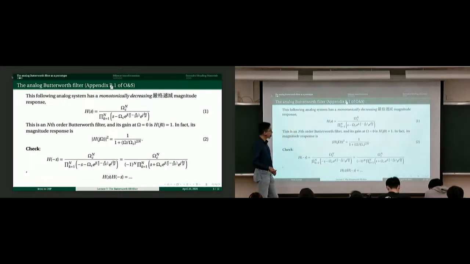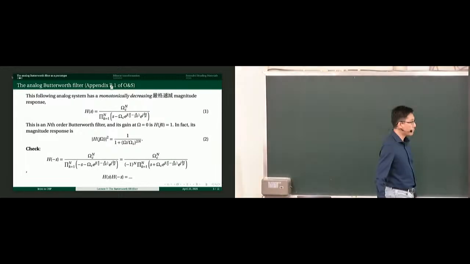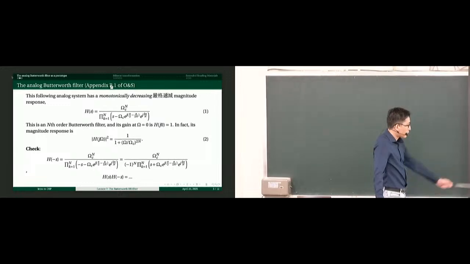That's a fairly nice property, and here n denotes the order. Make n bigger, you get a faster transition.